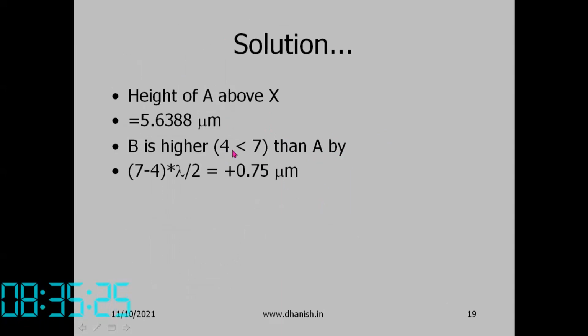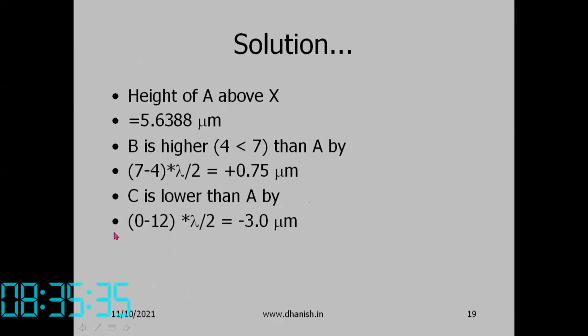B is higher than A by 7 minus 4 into lambda by 2 plus 0.75 micron. Then C is lower than A by 0 minus 12 into lambda by 2, minus 3 micron. D is higher than C by 0.75 micron since both sides are parallel.